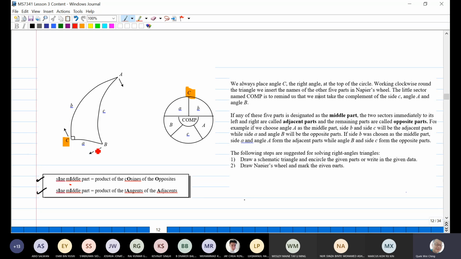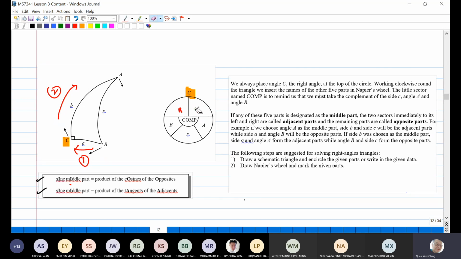This one we know is angle A, right? So go into A and leave. Fill in this one, A. Then this is B here.